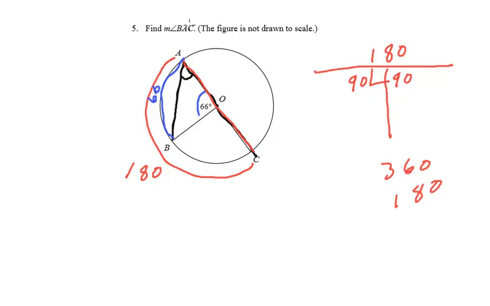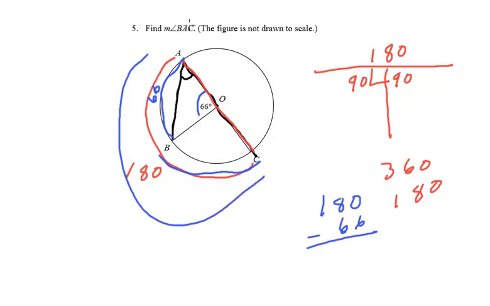Which means the balance of that arc, from here to here, is going to be 180 minus 66, because the total arc is 180 degrees. So what we're left with is 114 for this arc right here, in green.